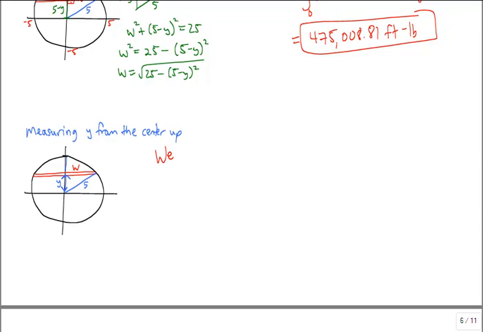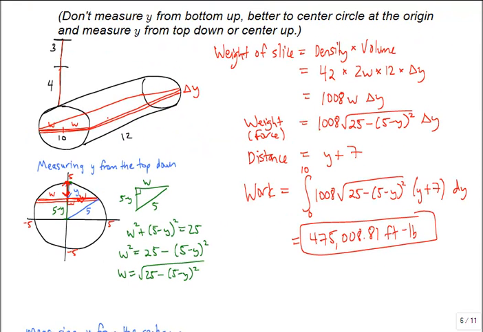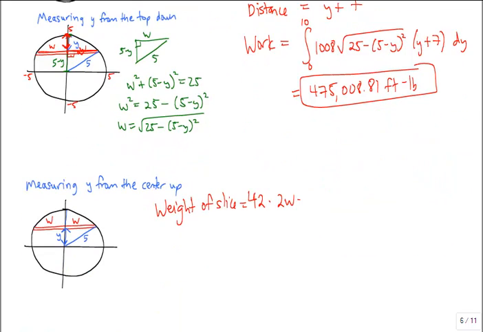So my weight of my slice is still going to be that density, which is 42, times the volume, which was this whole width going across, so that's a w plus another w, which is 2w, times our length, which was 12, times our thickness, which was this delta y. So this is going to be that 1008 w delta y.